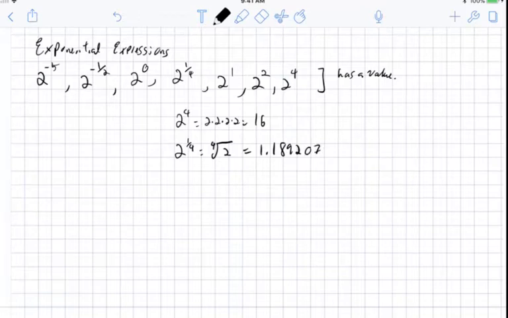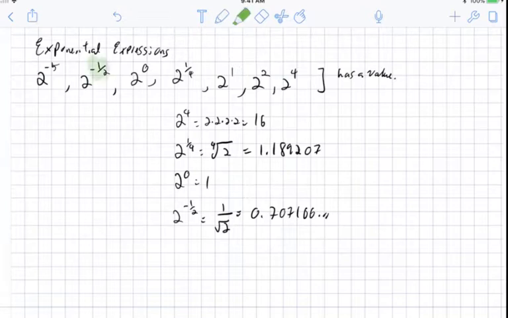You know that 2 to the 0 is equal to 1. 2 to the minus 1/2, that's equal to 1 divided by square root 2, and 0.707106, whatever. Okay, so the long and the short of it is that no matter which number I write up here in the exponent, it corresponds to some actual number.